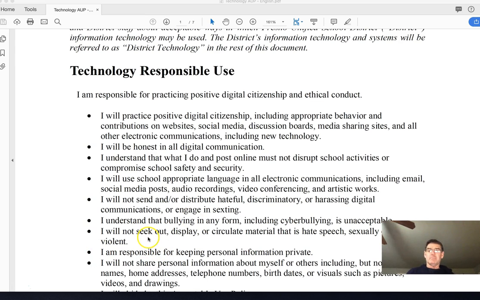Things like bullying, using appropriate language, that you're going to be honest, you're going to use social media and the sites that you can get on to further your education, that you agree you're going to keep your information private.